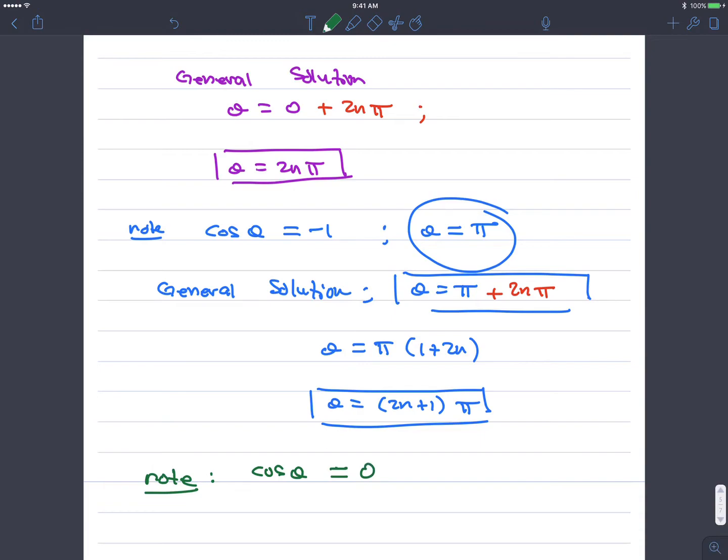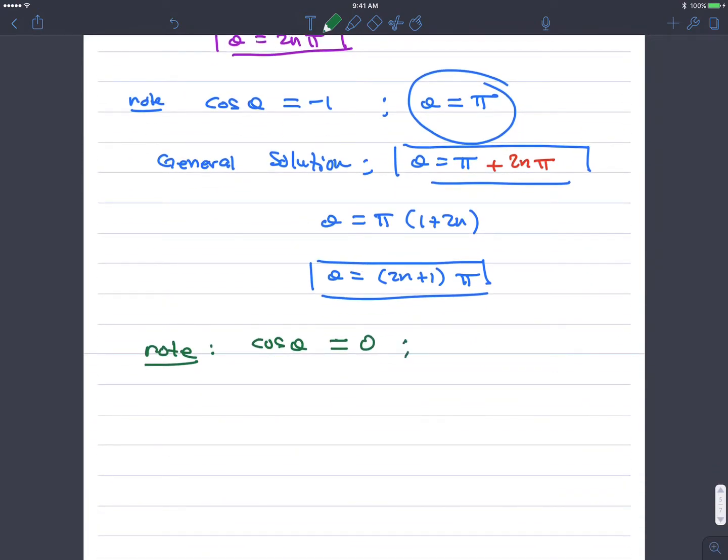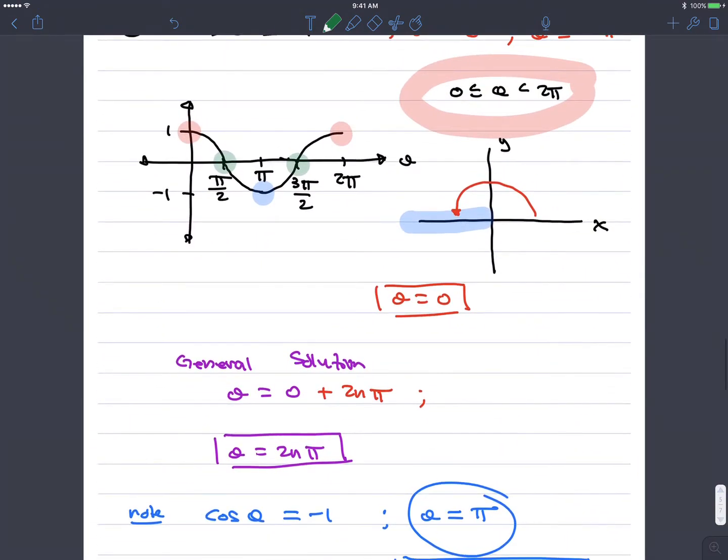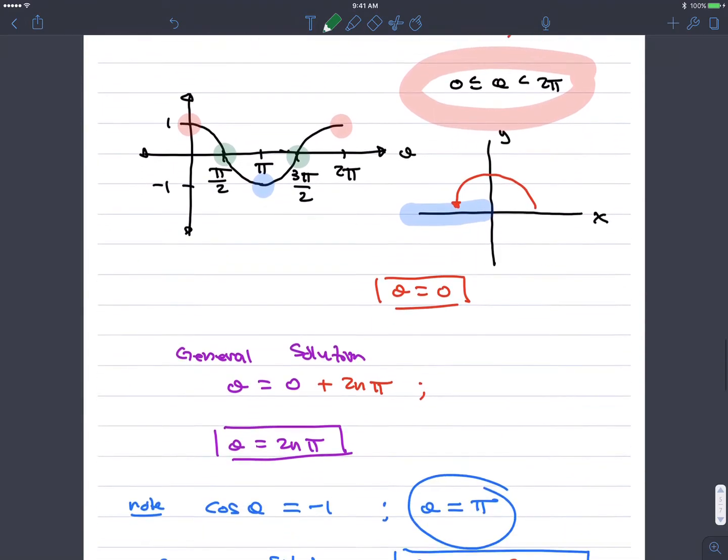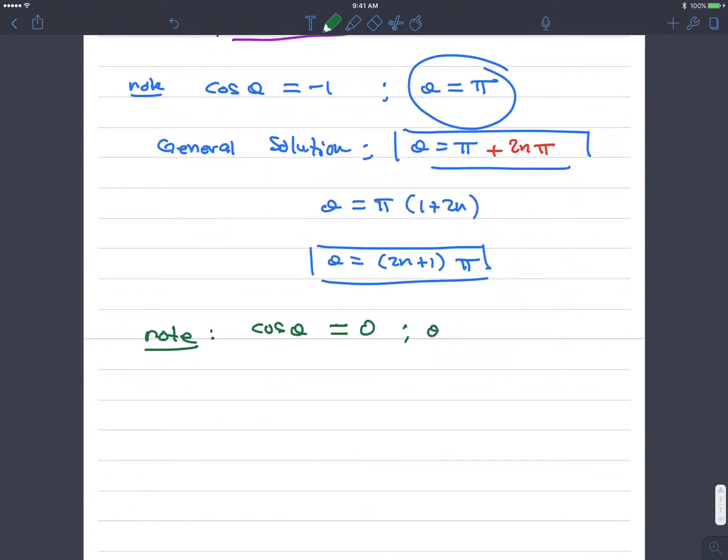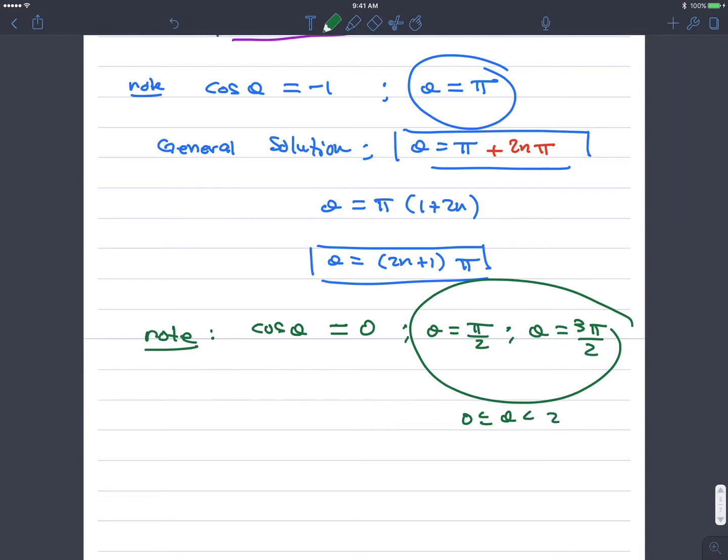When does that happen? When is cosine 0? Theta is pi over 2 and what? 3 pi over 2. So theta will be pi over 2, and theta will be 3 pi over 2. Is that true? So there's two solutions in our interval from 0 to 2 pi.